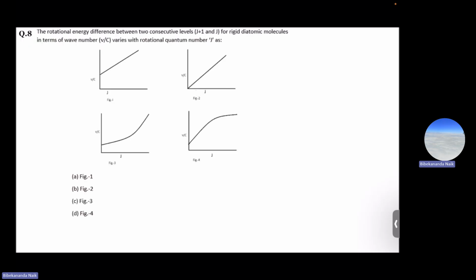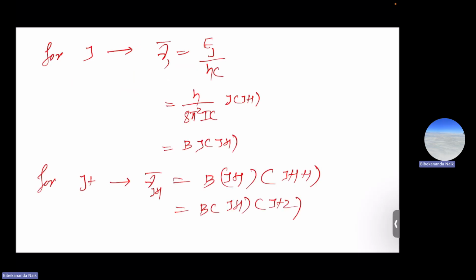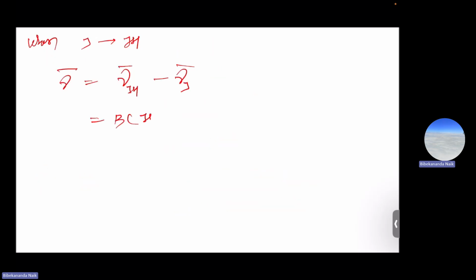Now when the transition is occurring from J to J plus 1, the wave number will be nu of J plus 1 minus nu of J, which is B into J plus 1 into J plus 2 minus B into J into J plus 1.